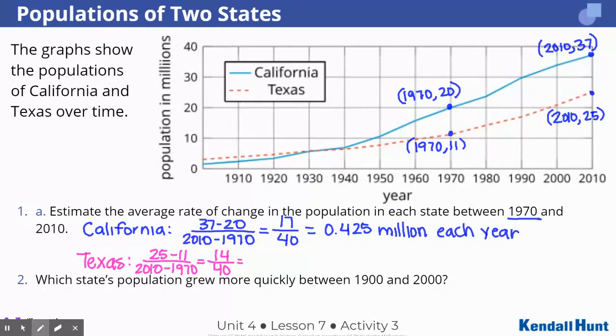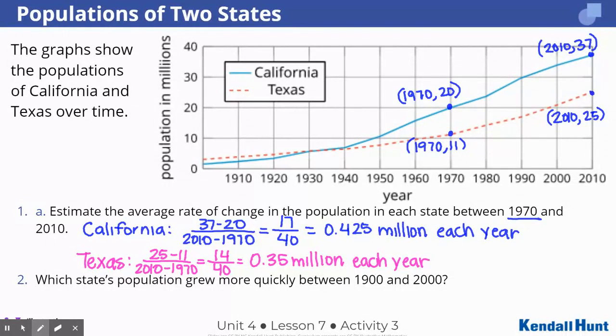The population did, and that is 0.35 million each year. So if we were to ask you which state grew the most in population, you would say California did. It's about a little less than a tenth more.